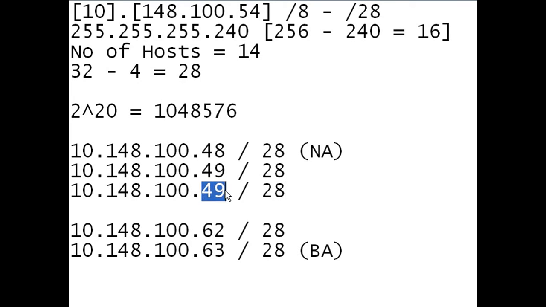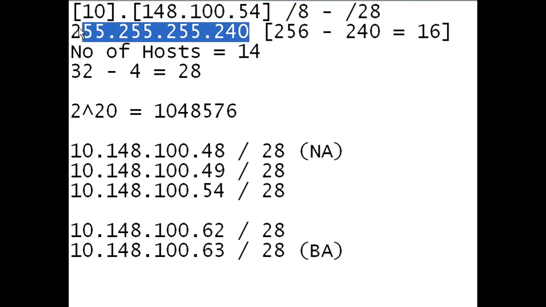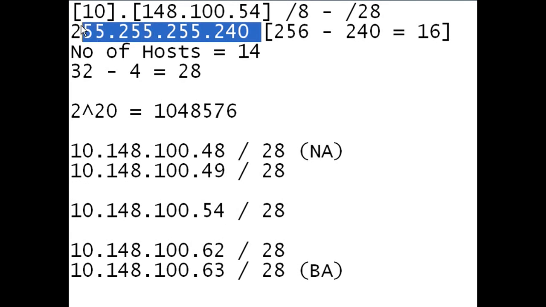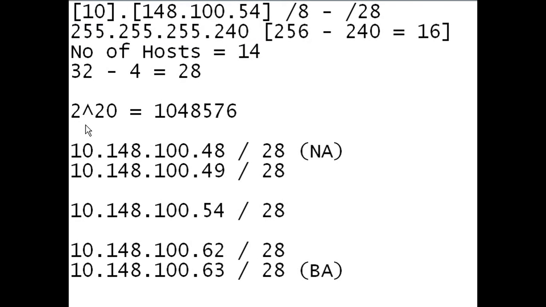This is my VLSM, this is the subnetwork address, this is the broadcast address, this is the first IP in this subnetwork, and this is the last IP in this subnetwork. That's how we calculate different subnetworks.